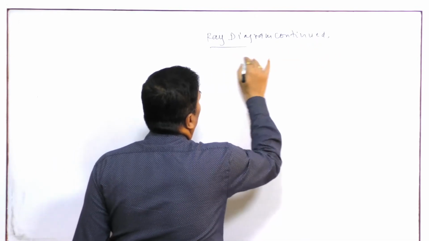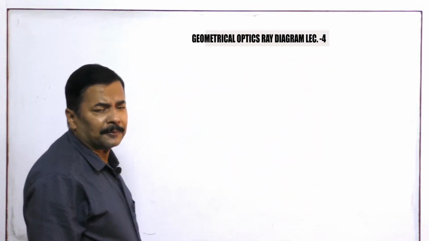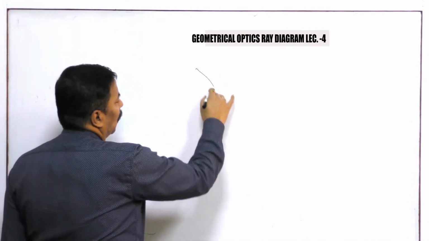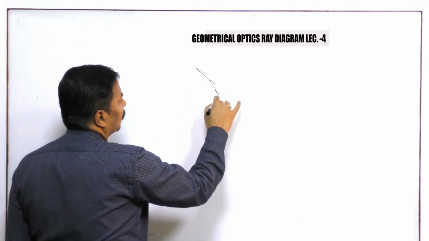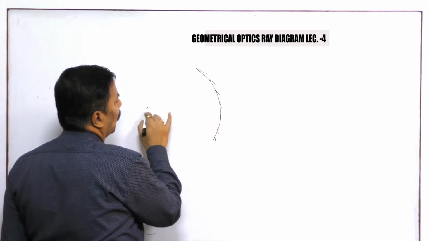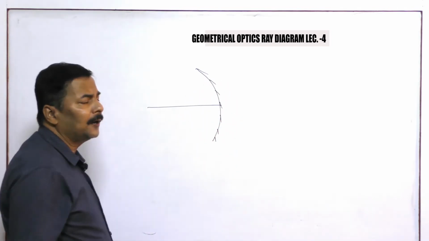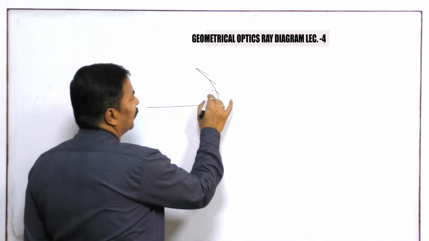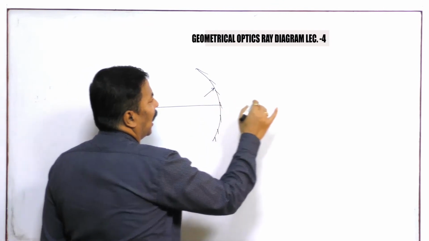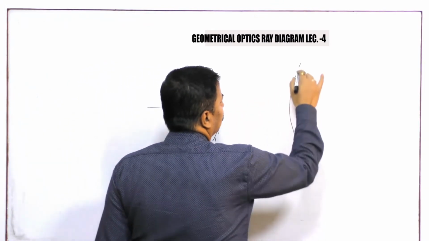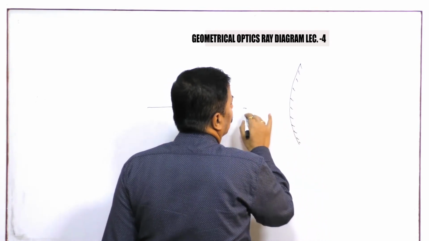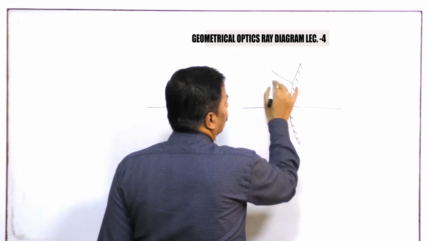In ray diagram, we have seen that there are two situations. One is the concave case. Concave mirror, the reflecting side is concave. This is the reflecting side. And in convex mirror, this is the reflecting side.